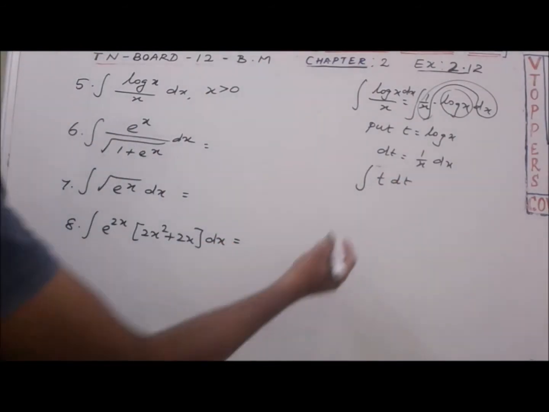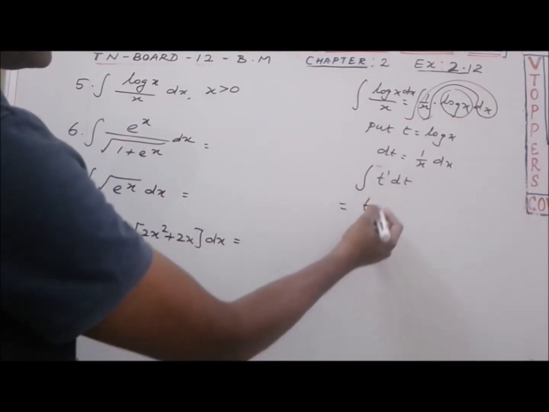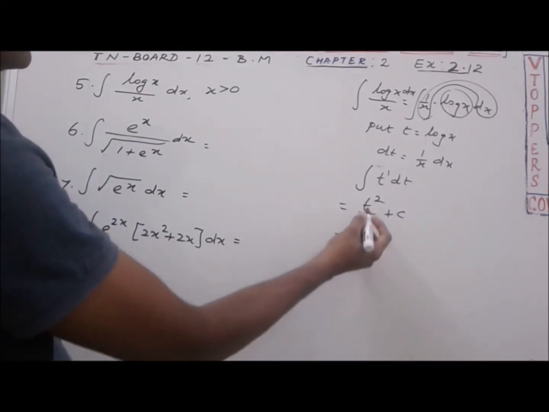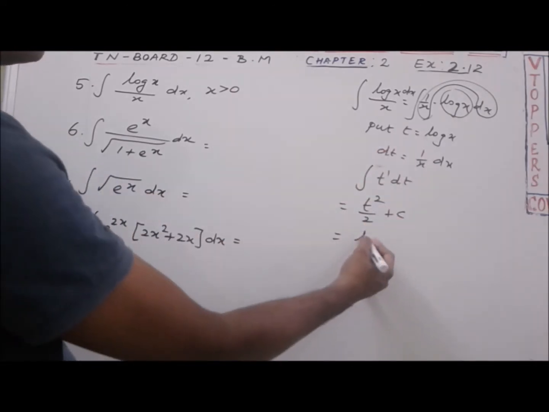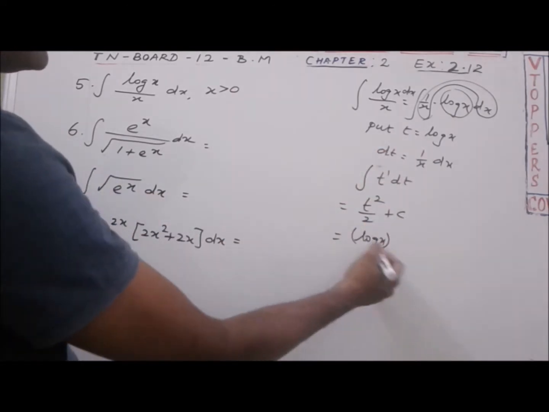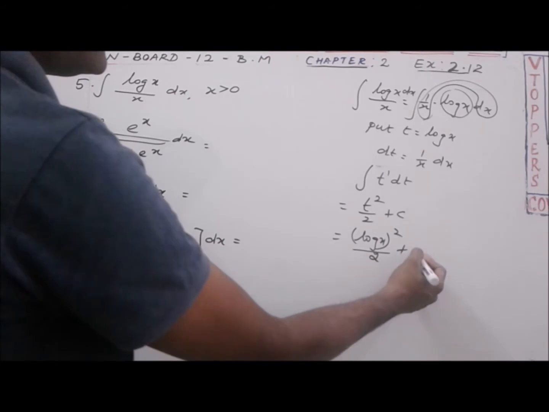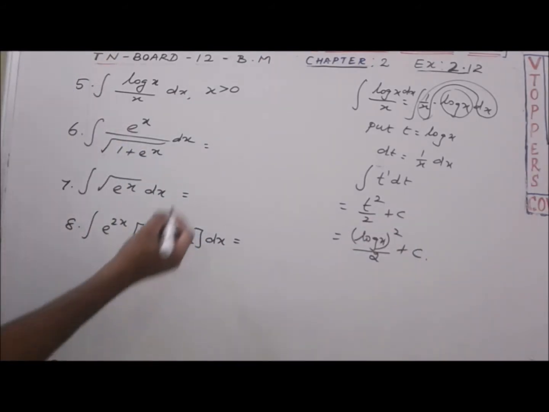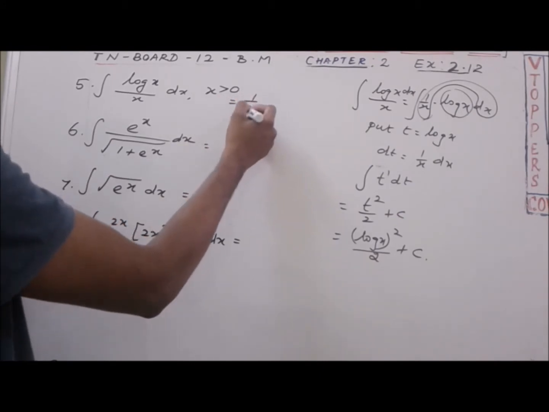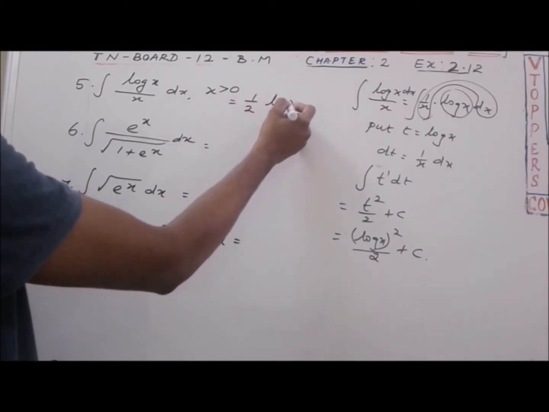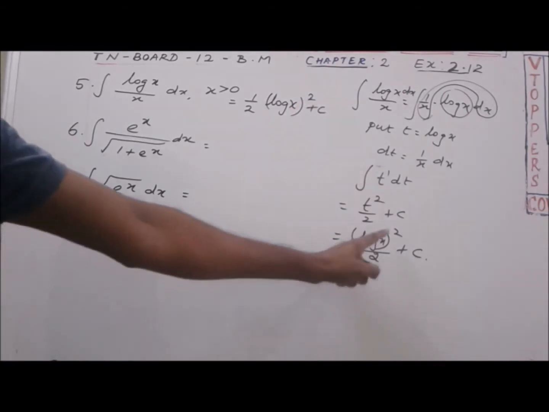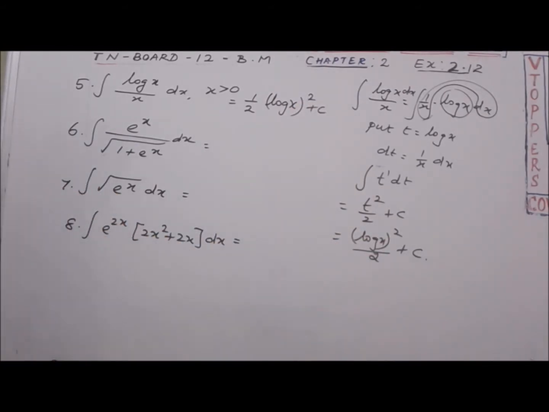By integrating, using the exponent formula, t square by 2 plus c. Instead of t we have log x, so (log x) whole square by 2 plus c. So integrating log x by x dx yields 1 by 2 (log x) whole square plus c.